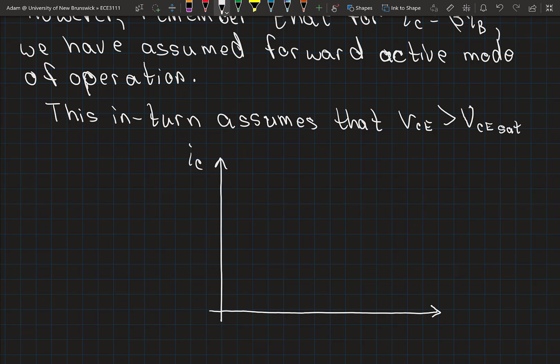we can develop an improved output characteristic that takes into account VCE sat. So VCE sat, and it ends up looking kind of like this.